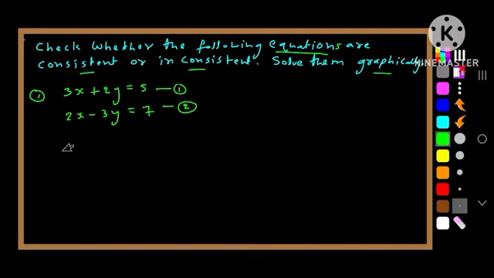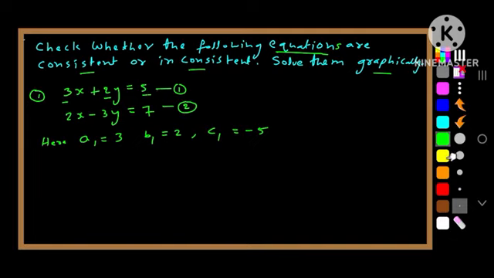For these two equations you have to find out the graph. So for that, first of all you have to find out whether they are consistent or not. Here a1 is equal to 3, b1 is equal to 2, c1 is equal to 5, so this is our a1, b1 and c1.